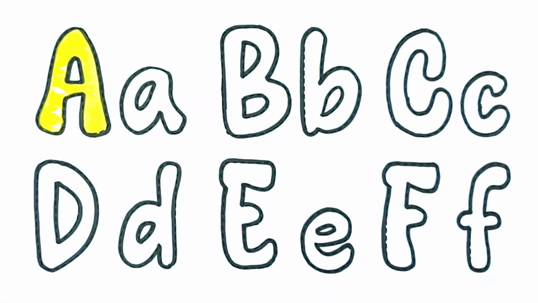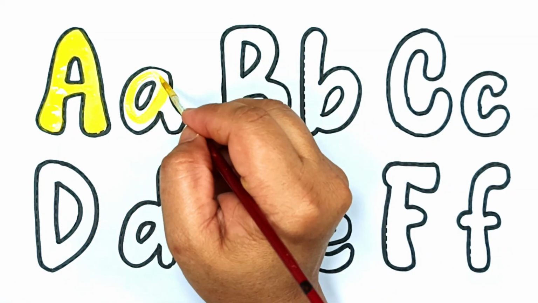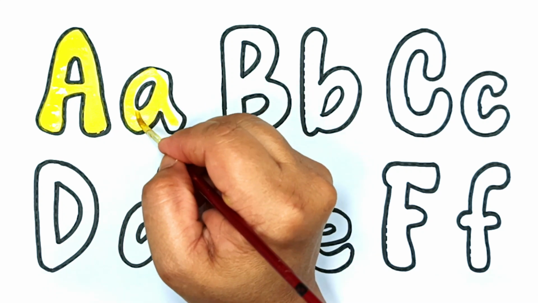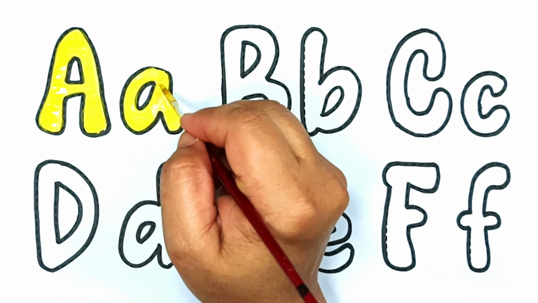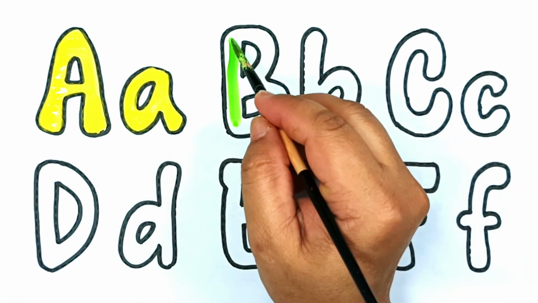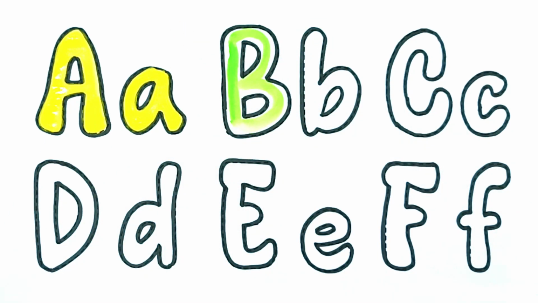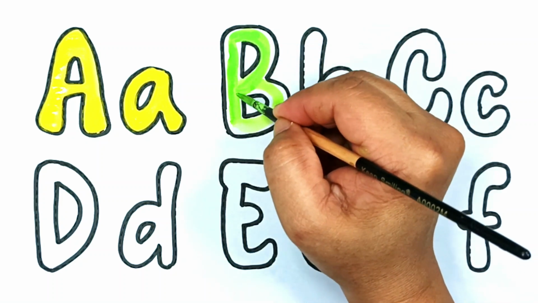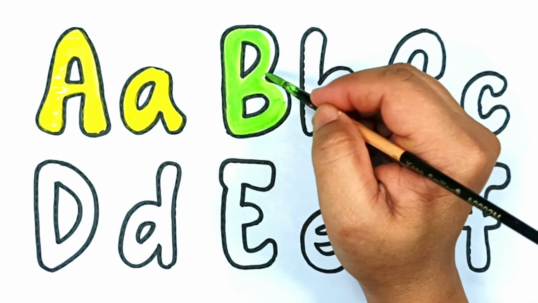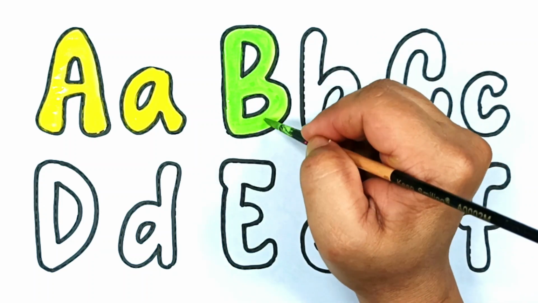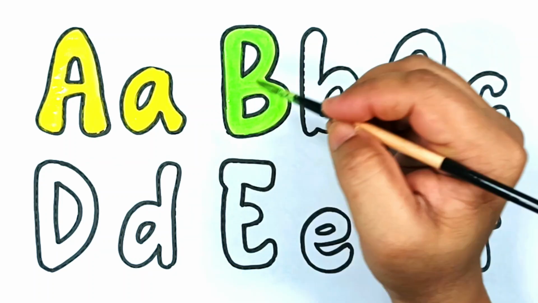A is for apple. A is for ant. B is for ball.